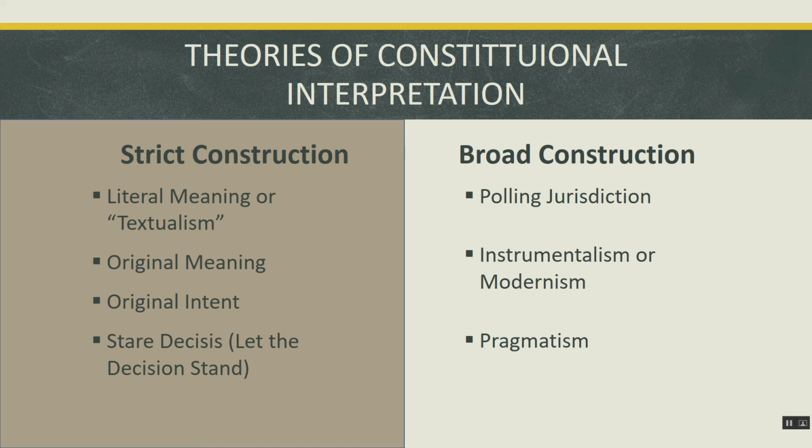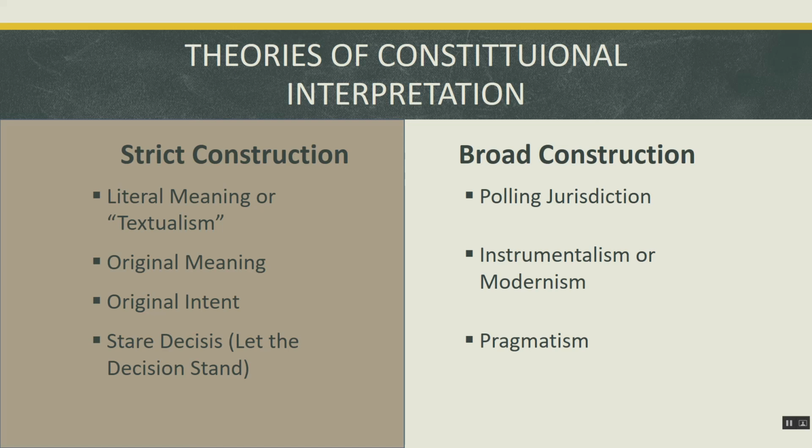And the reason that restraintists prefer narrow interpretation is that narrow interpretation constrains the ability of an individual judge or justice to impose his or her own political ideology, values, beliefs, or biases onto the country by telling the justice that he or she needs to focus on the letter of the Constitution and what it literally says based on various rules that are outside of that justice's discretion or control.